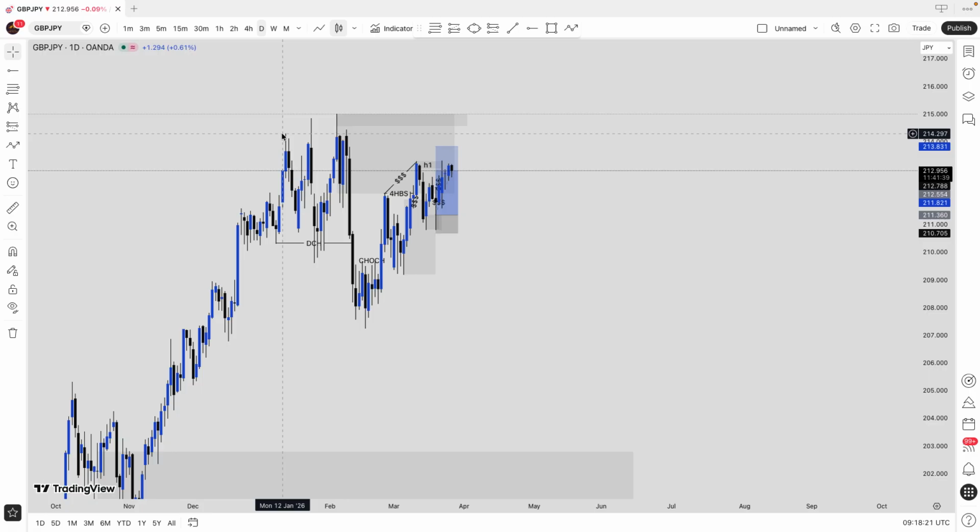You can see these are all wicks. I would say that this is our highest point of the swing, since there is also no other candlestick that broke below this low. There's no candlestick that broke below this low.